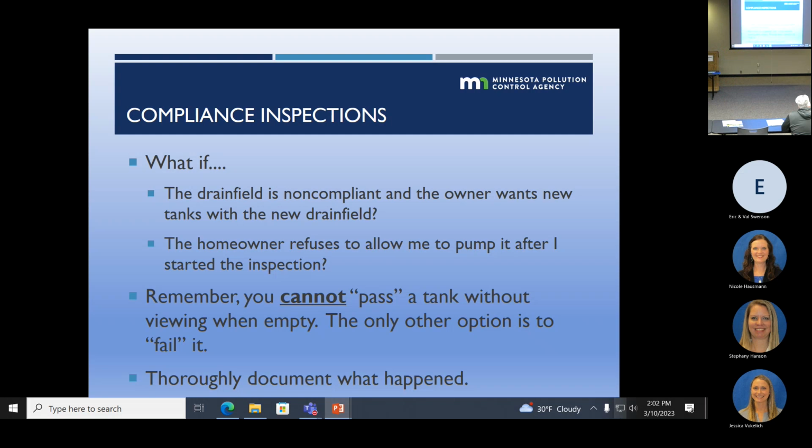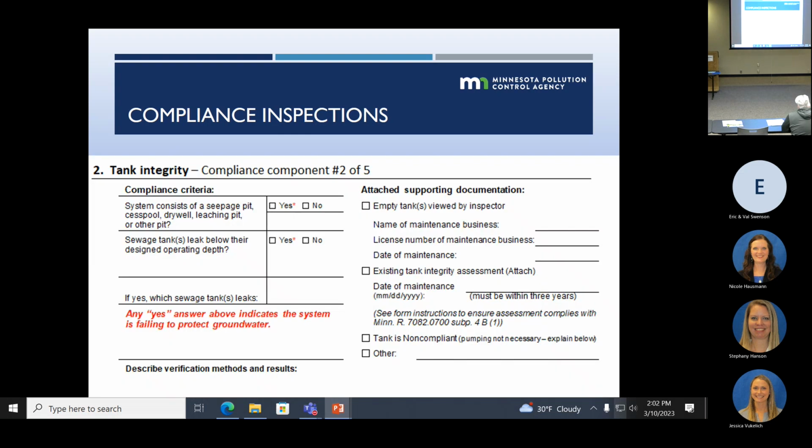Another similar what if. What if the homeowner refuses to allow me to pump it after I started the inspection? So this is more of a less friendly interaction with your customer. Maybe they're telling you to get the hell off my property.